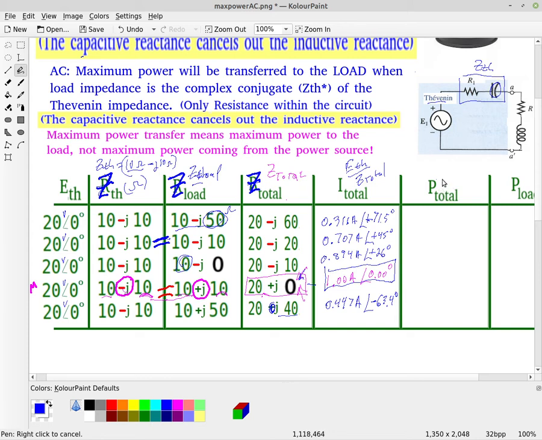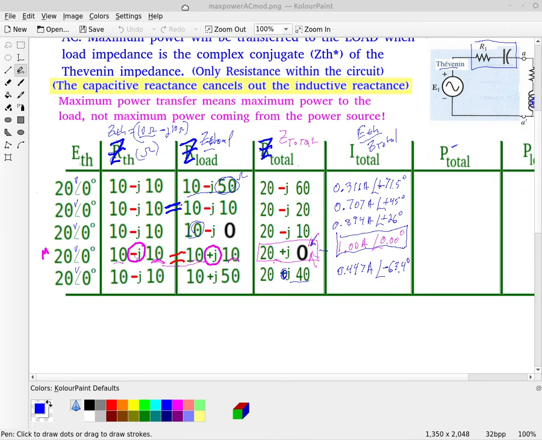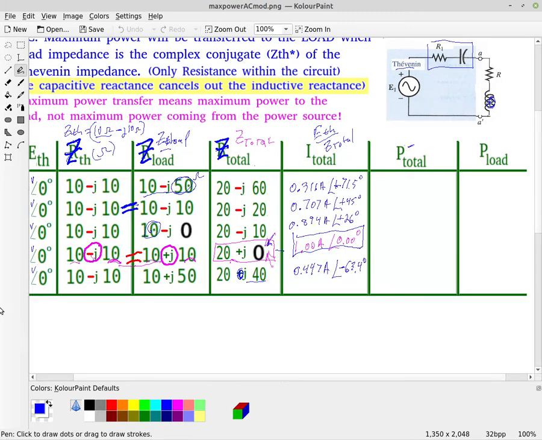We're just worried about total power being used, which is in watts, and that total power is equal to I squared R. Since voltage and current are in phase in the resistor, when we're talking about the total power, we're talking about I squared times R, because we're talking about the power being used.